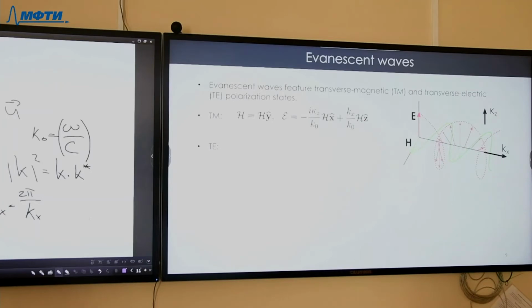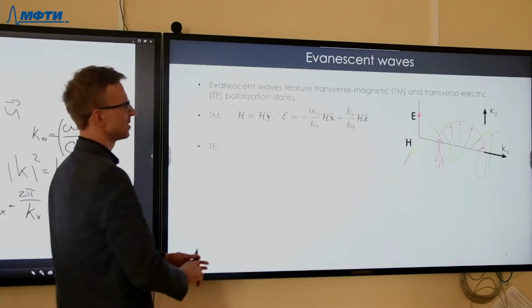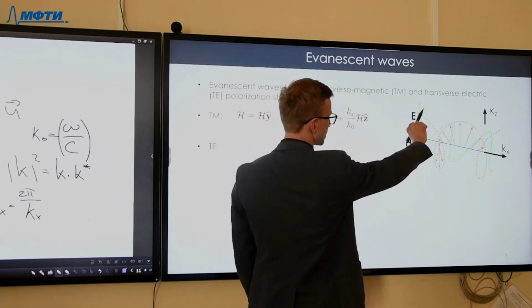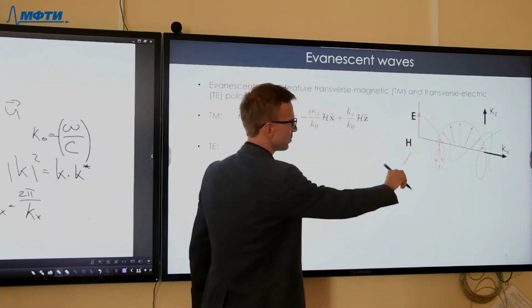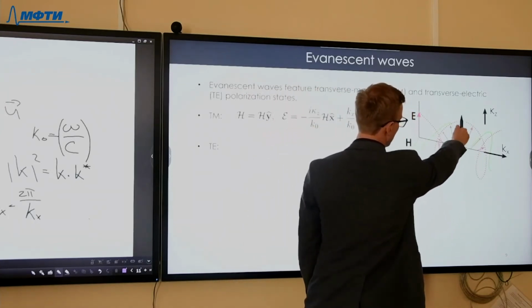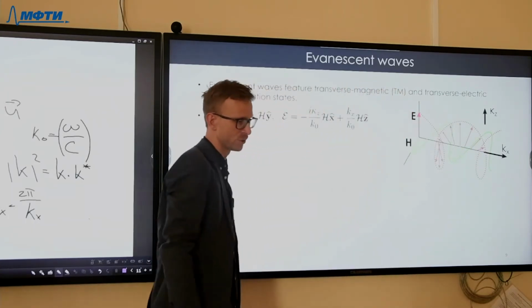The magnetic field is still perpendicular to everything, and it is directed along the y-axis, but the electric field outlines a more interesting shape. It has the dominant z component, but it also has an x component. And in time, as it propagates through space, it outlines an ellipse that rotates back and forth. And without that x component, it would have been just a vertical electric field directed along z.